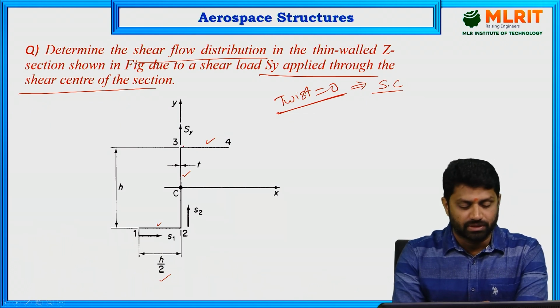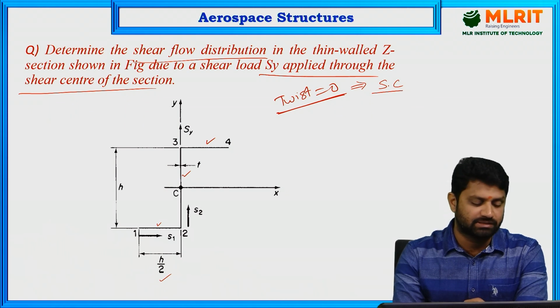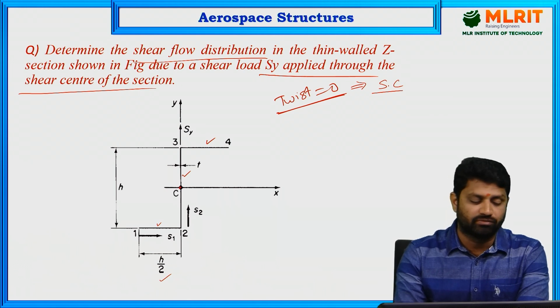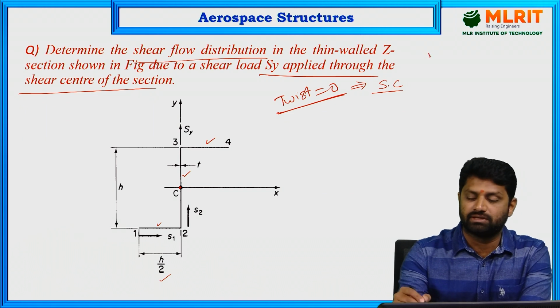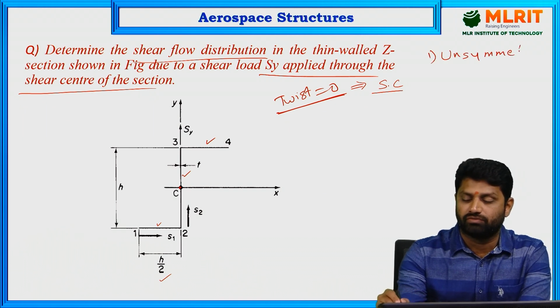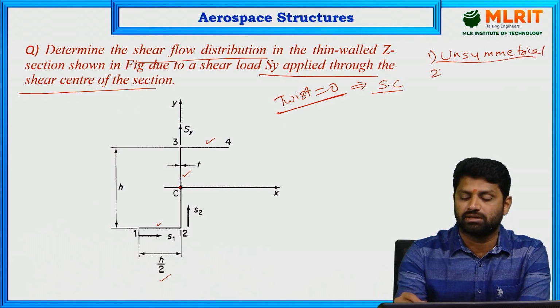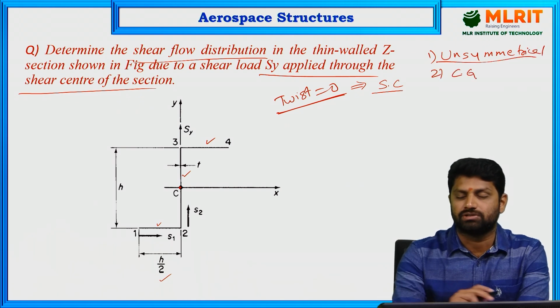By inspection of this Z section, as we've seen in the last sessions also, the centroid will lie over here. It is not symmetrical. So the first thing we have to understand is that the given section is an unsymmetrical section. For an unsymmetrical section, first you would calculate the position of the centroid or center of gravity.